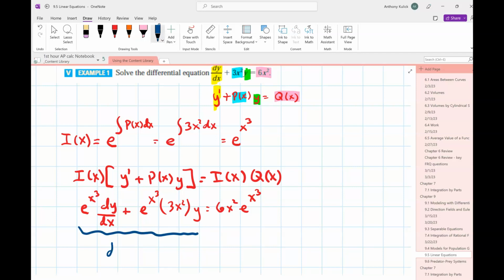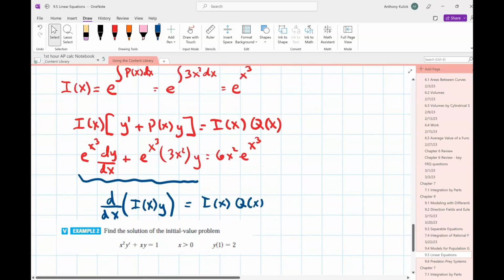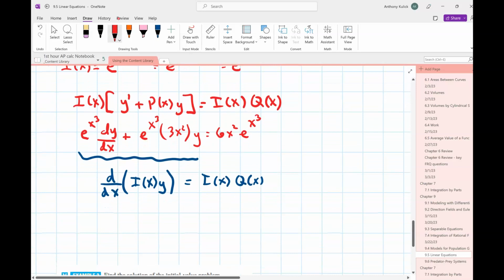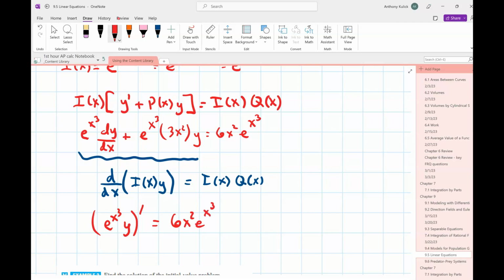Now this piece just becomes the derivative of I of x times y, and this is just I of x times q of x. Everybody's okay with that?